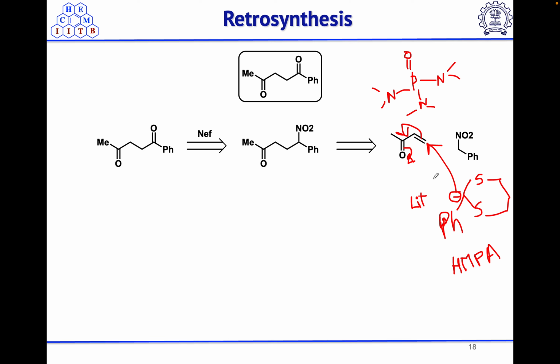So this 1,4-addition will take place in the presence of HMPA and will generate this intermediate.